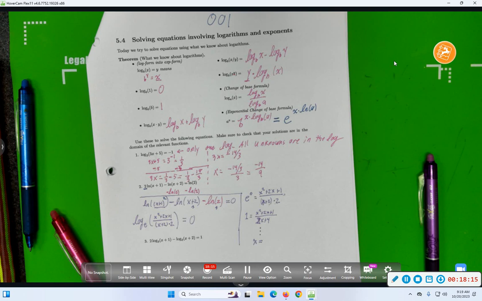People getting down to solutions? Tell me, what are the solutions, either as exact values or decimal approximations?